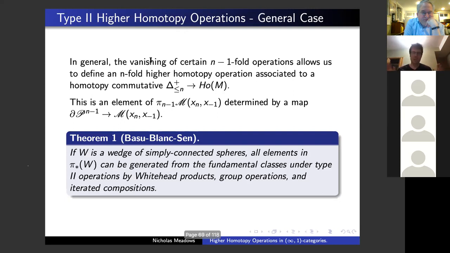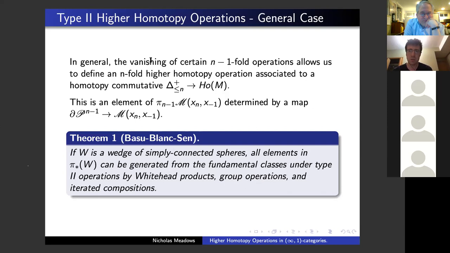Now we finally get to the punchline. If I have a wedge of simply connected spheres, which basically means we're gluing together a bunch of spheres along the base point, and simply connected means it's not like a circle, it's a higher dimensional thing. All elements in the higher homotopy groups of spheres can be generated from the fundamental classes under type 2 operations by Whitehead products, group operations, and iterated composition.